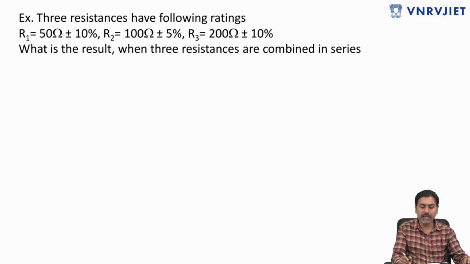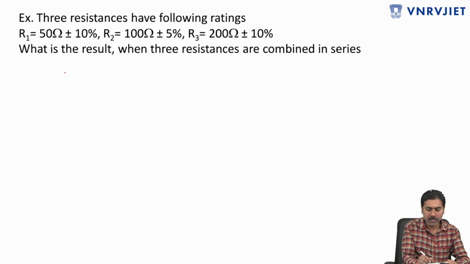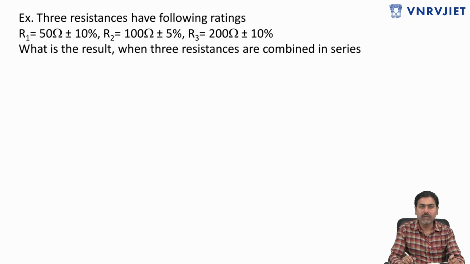Before going to the second case, let us see one example of how we can calculate the relative limiting error for a series combination of three resistors.